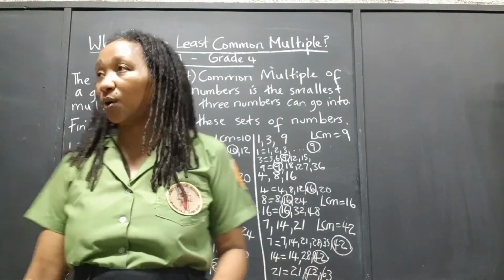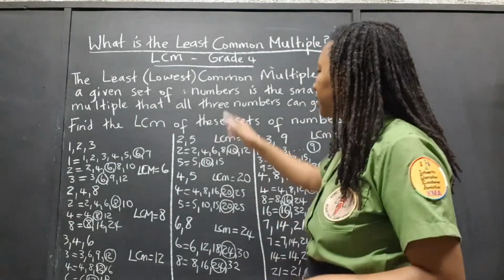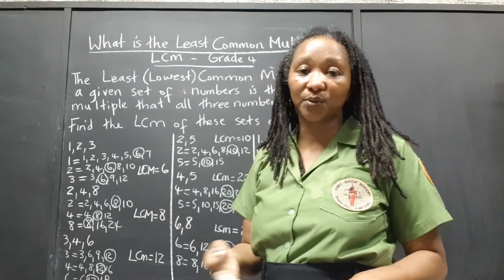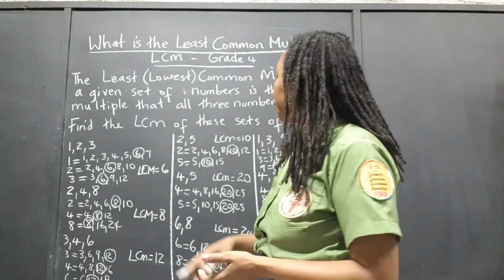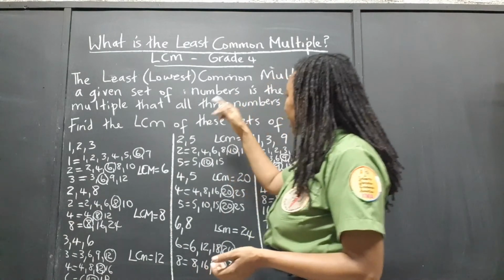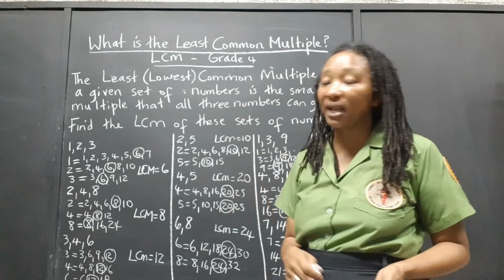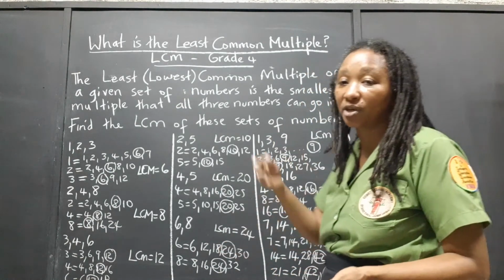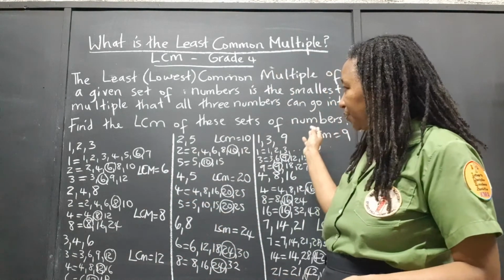Alright? So to recap, the least or lowest common multiple, which is abbreviated LCM. So wherever you see LCM, that's what they're talking about. The least common multiple of a given set of numbers is the smallest multiple that all 3 numbers or all 2 numbers or all 4 numbers can go into.